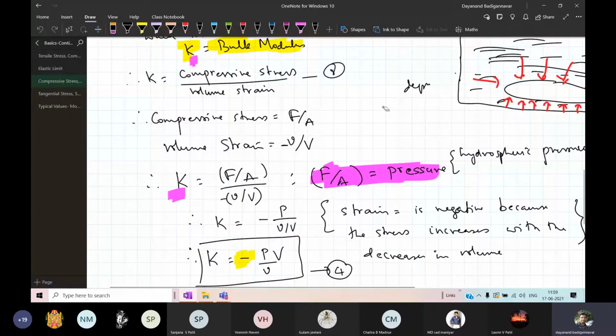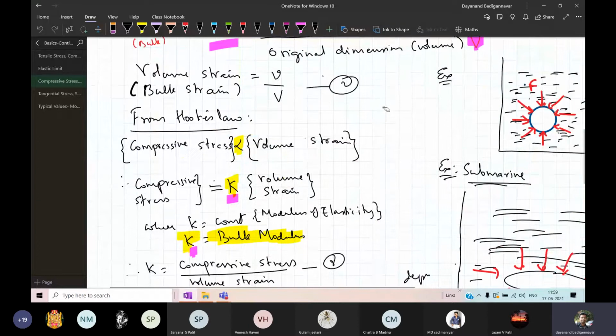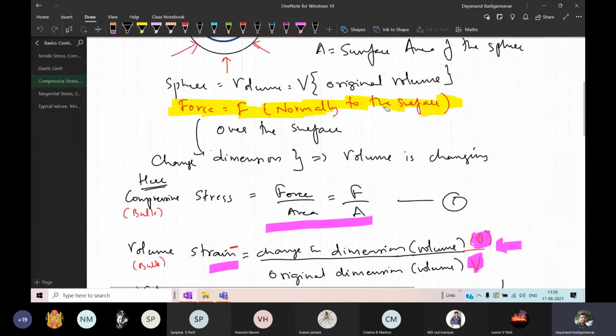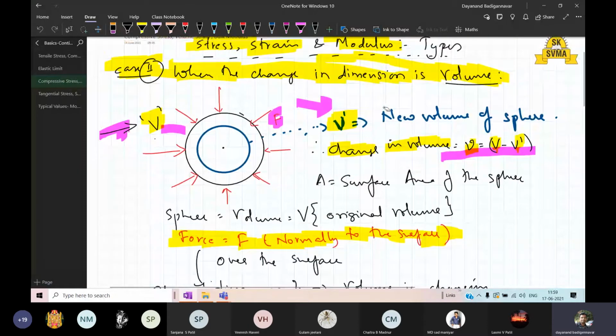Now, if I have a volume V like this, and a force is applied on this surface, this is a cylinder, a uniform structure. On this, we have applied a certain force F. Once we apply the force, it is going to shrink in volume.